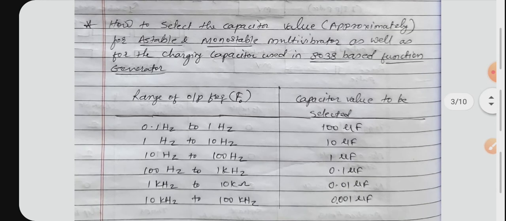One more important thing I would like to tell you: these are the guidelines for selecting the external capacitor if the output frequency is given. For astable and monostable multivibrator, as well as for the upcoming 8038 based function generator circuit also, you can select the values of capacitors depending on the range of output frequency given. So this is just a guideline.